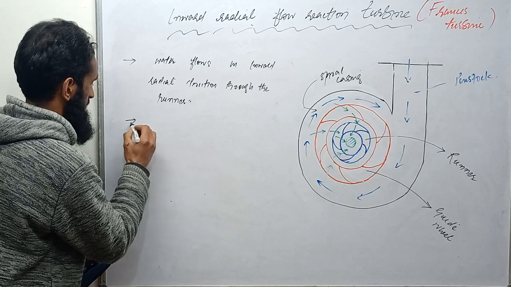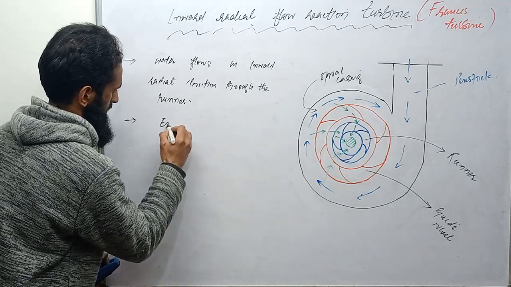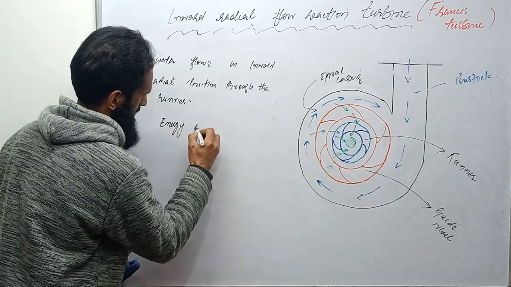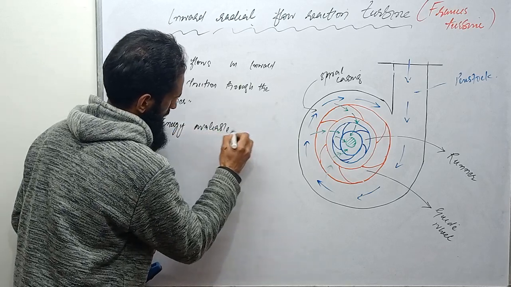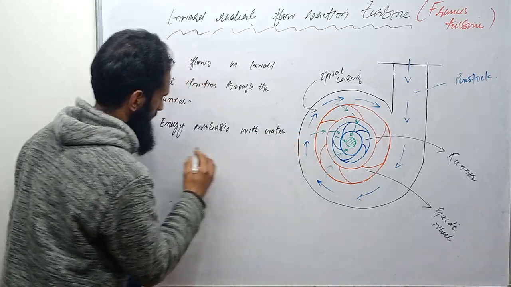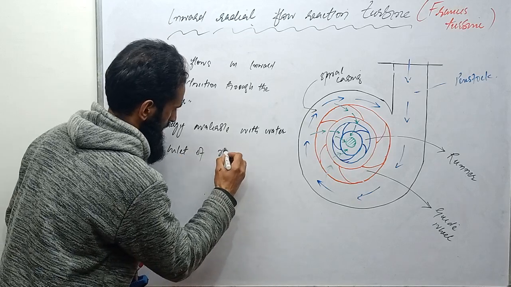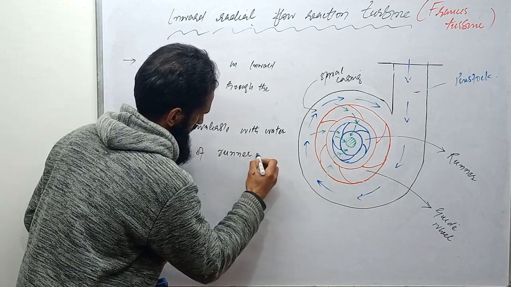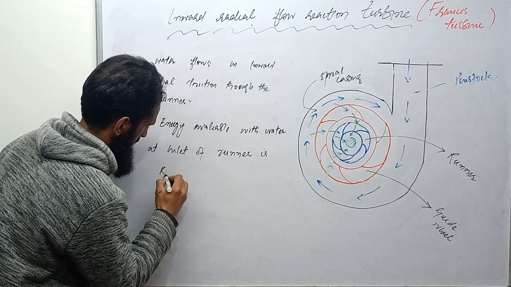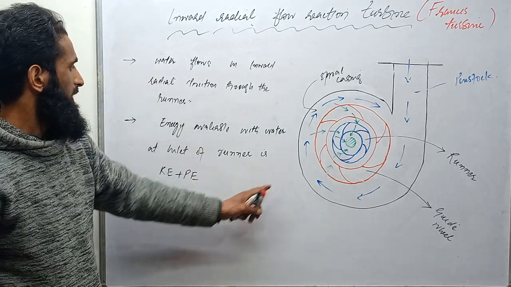The second thing in this is energy available with water at inlet of runner is kinetic energy plus pressure energy.